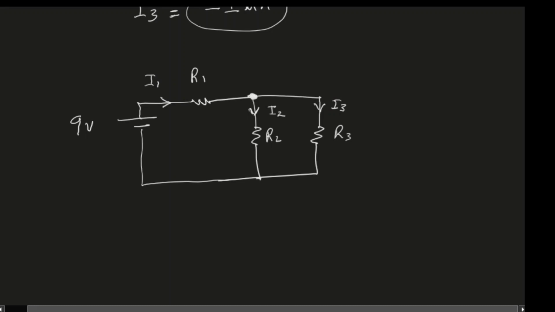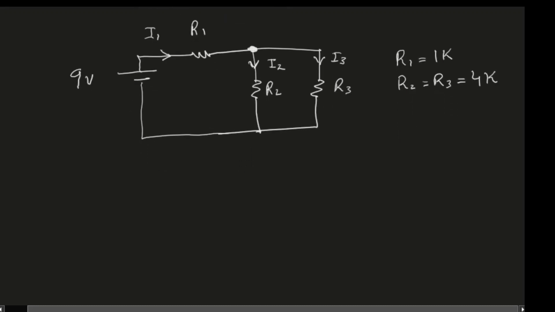To explain this circuit, I will use R1 equals 1 kilo ohm and R2 and R3 both equal to 4 kilo ohms. All right, so let's apply KCL to the node. So again, KCL will tell us that I entering is equal to I leaving.